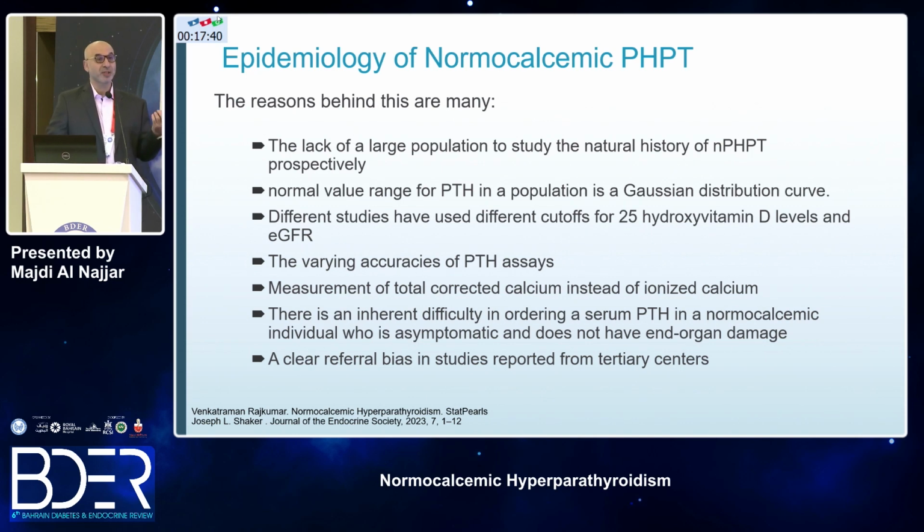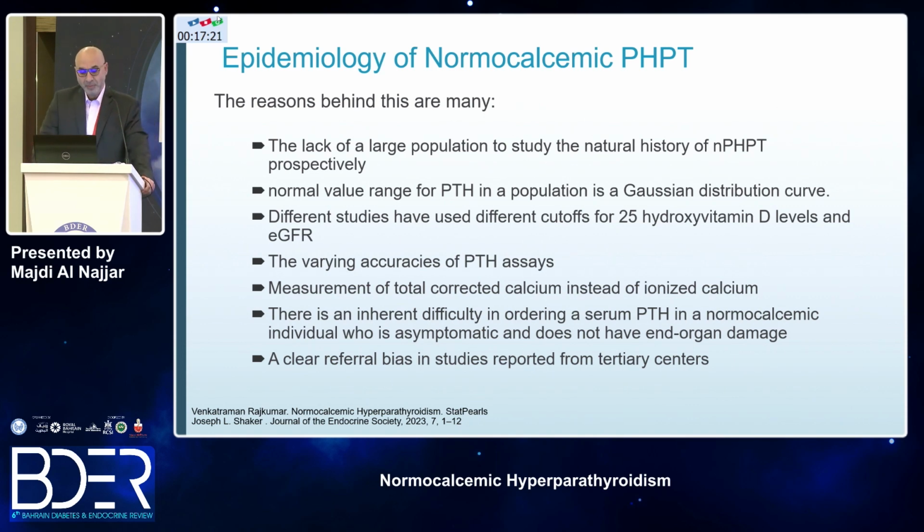Also, these studies use different cutoff values for vitamin D and kidney function. Some use a vitamin D value of 20, some 30; for kidney function, some use 60, some 40. So they don't have an exact cutoff value for vitamin D and kidney function.